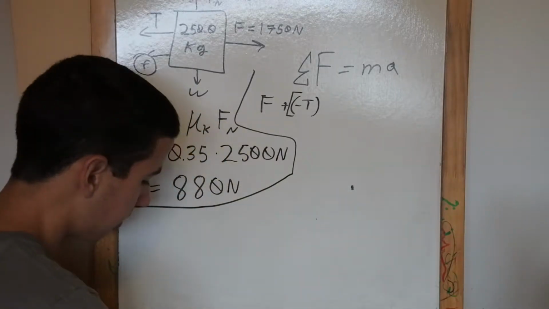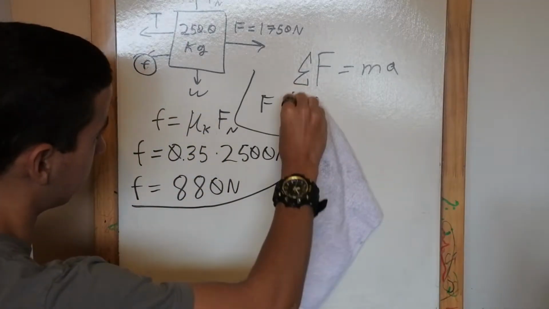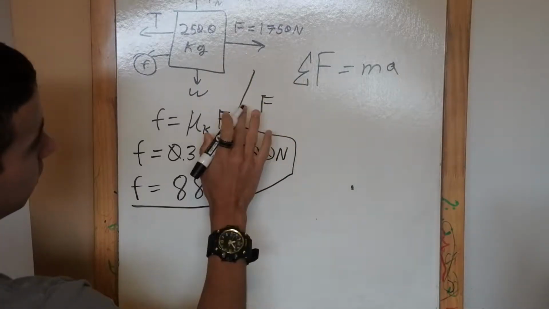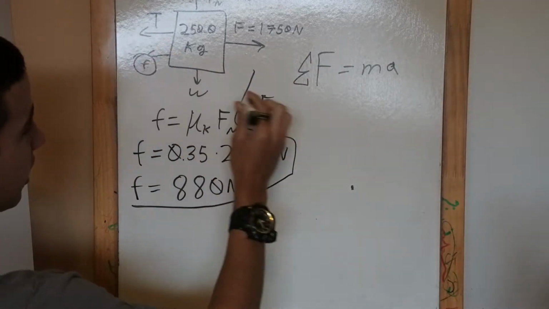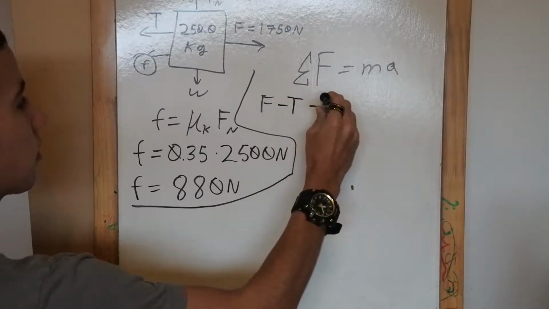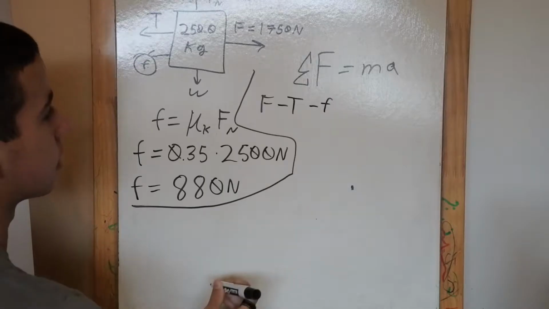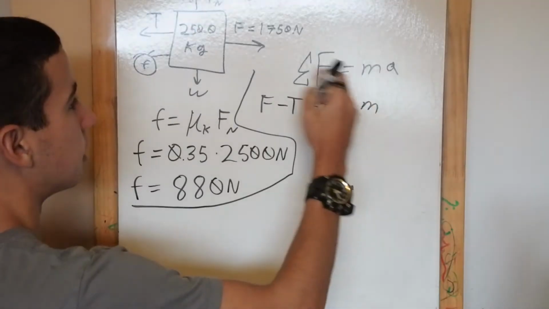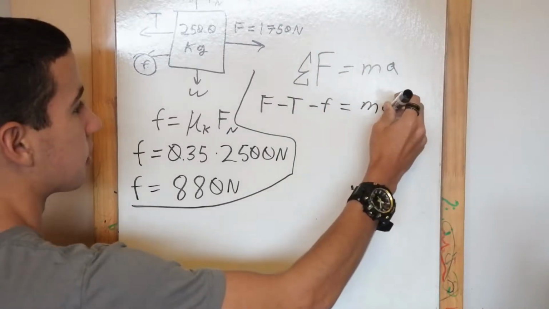Actually, here, let me make this a bit easier. That looks kind of complicated. So force is going to the right. We define the right as positive. We're going to subtract tension, since tension is negative, then we're going to subtract the friction. Okay, and that's going to be equal to the mass of the box times its acceleration.